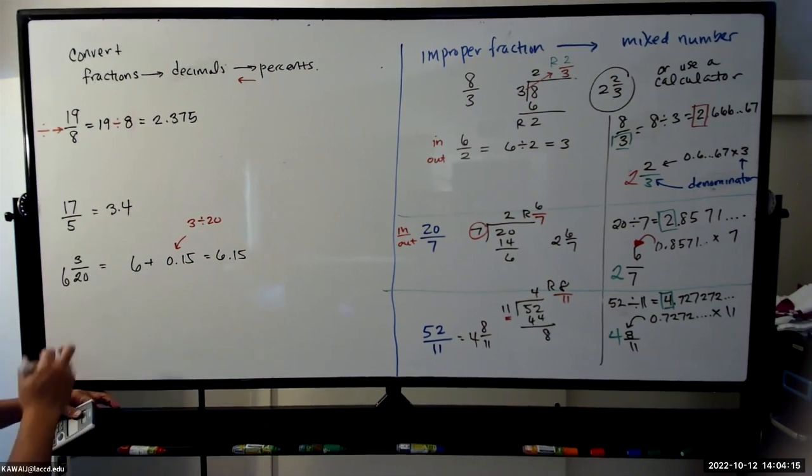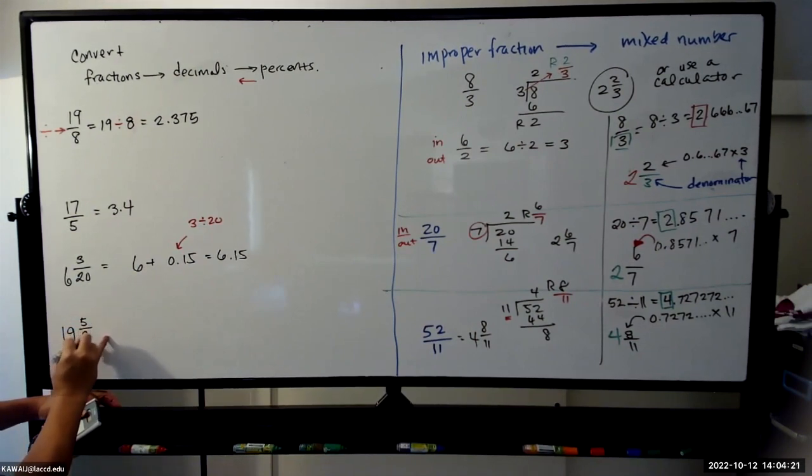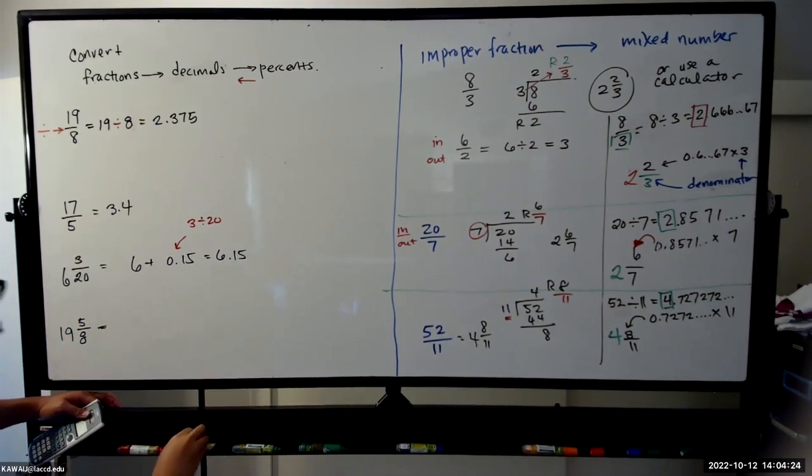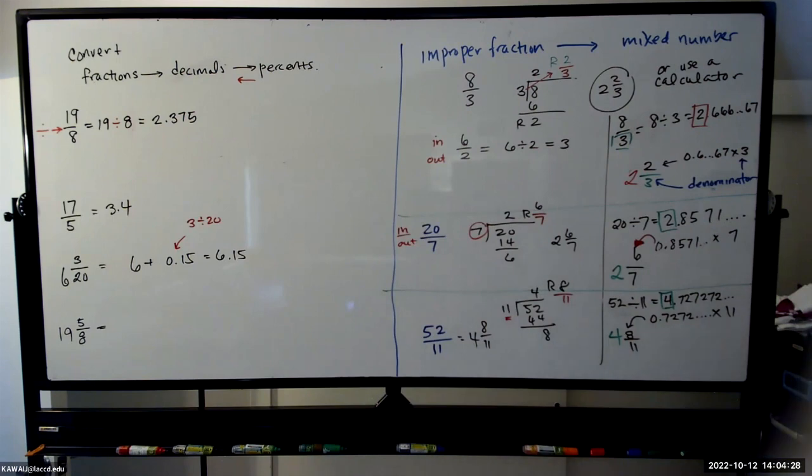Let me give you another one. 19 and 5 over 8 is equal to. Give that one a shot, and you should be using your calculator for this.